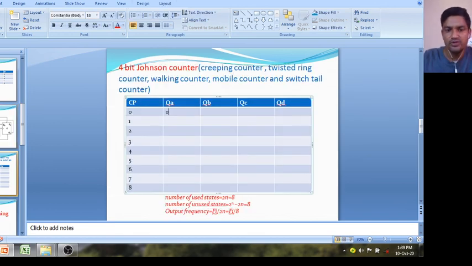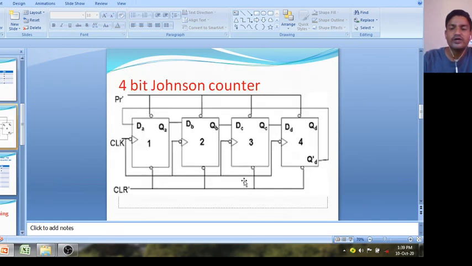It is 0, 0, 0, this is 0. Okay, next, after applying the first clock pulse, this 0 is shifted here, this 0 is shifted here, this 0 is shifted here. Now the complement of QD dash will be this value.